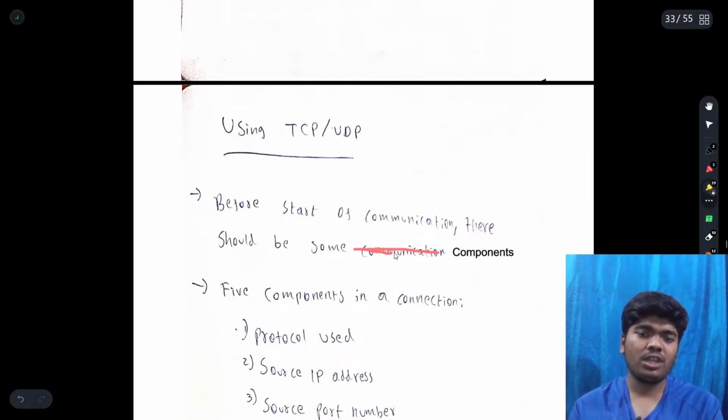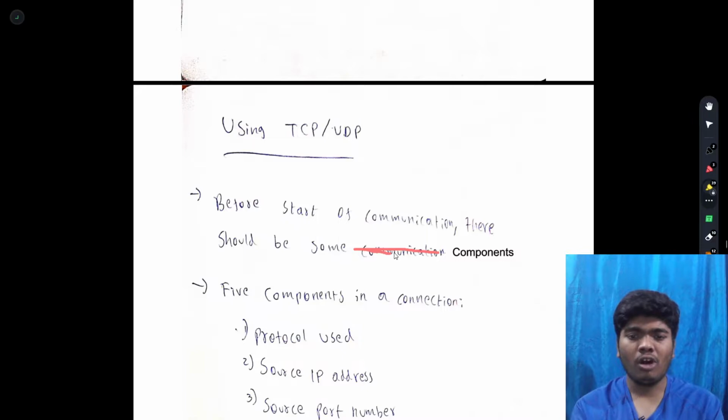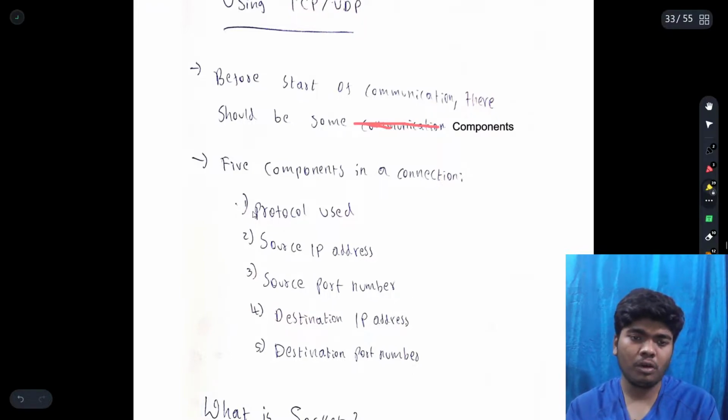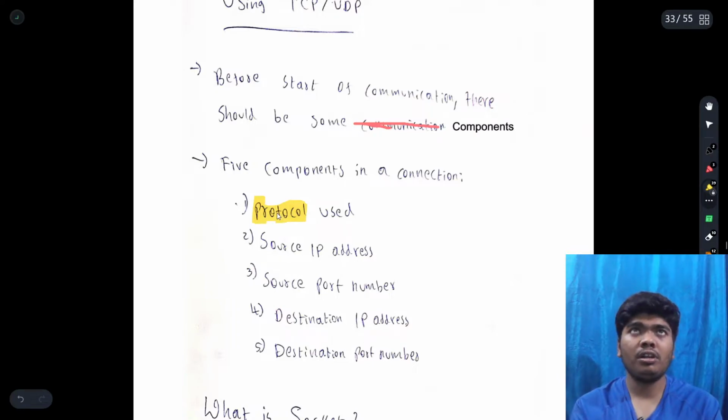Before the start of a communication between two systems, there should be some components for a particular connection. The 5 components in a connection are the protocol used, meaning the type of protocol. As we had discussed before, there are application protocols, communication protocols, transport protocols, and different other types.